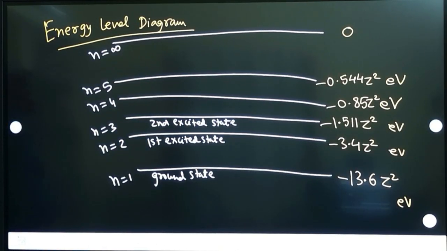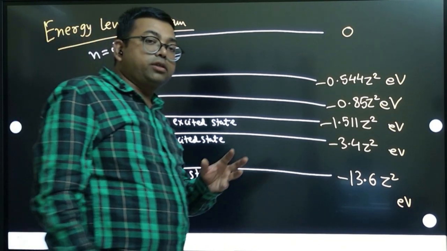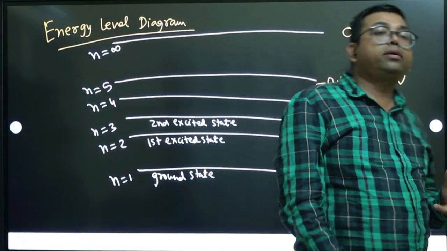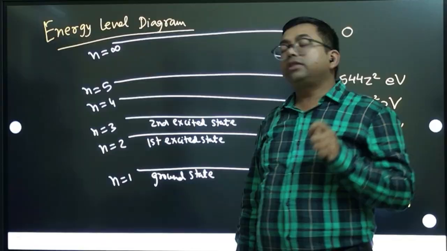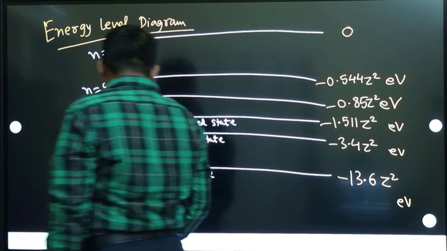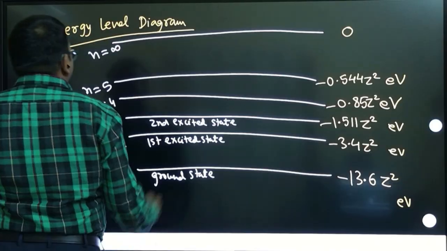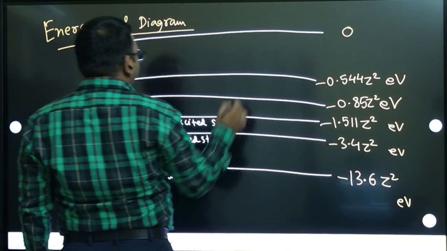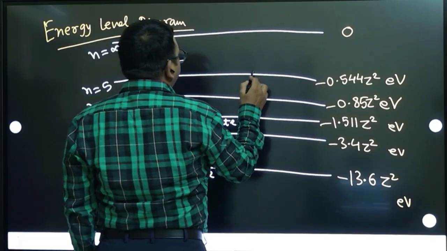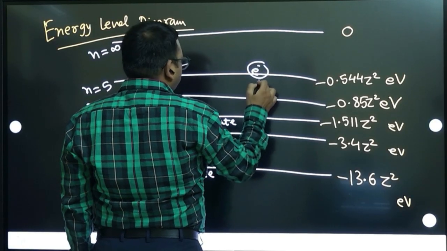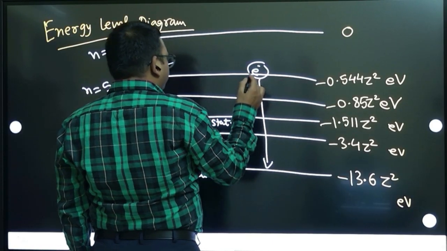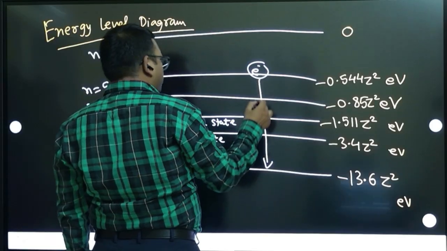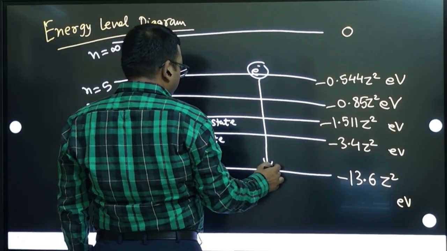So if you consider electronic transition from higher to lower, or lower to higher, that transition is due to the energy difference between them. Suppose electronic transition happens from some higher level to some lower level. Definitely if it is higher, it can come to here, here, here, so many places it can come.